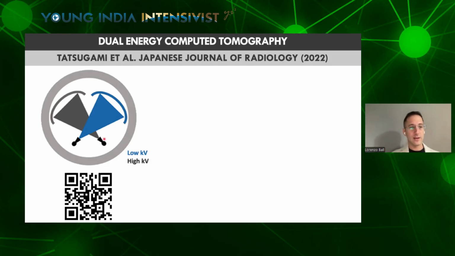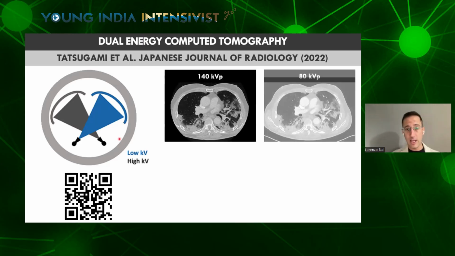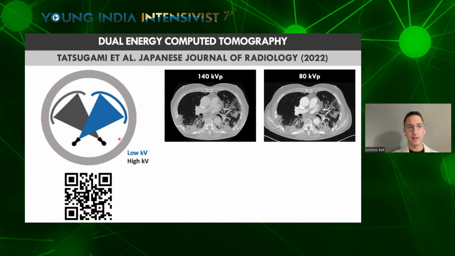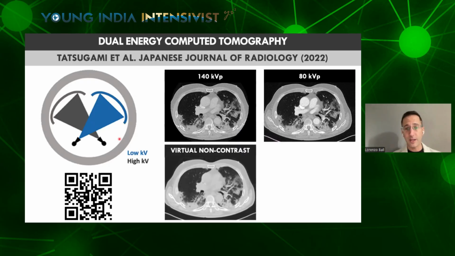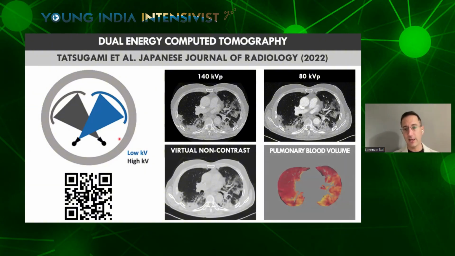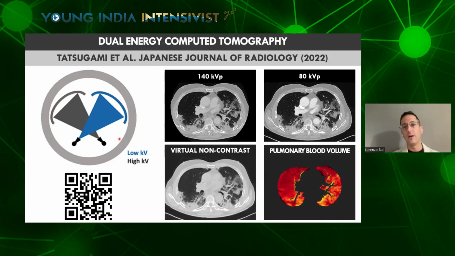These are scanners that have been available for nearly 15 years, and the images acquired at two different energy levels interact differently with the contrast medium. As a result, with a complex mathematical model, which I will not discuss, called the three-material decomposition, I can get a virtual non-contrast scan, so a scan 100% similar to the one we would have acquired if we did not inject the contrast medium, and as the difference from the scan, the distribution of blood or iodinated contrast medium within the lungs.